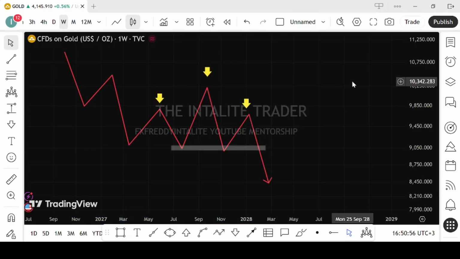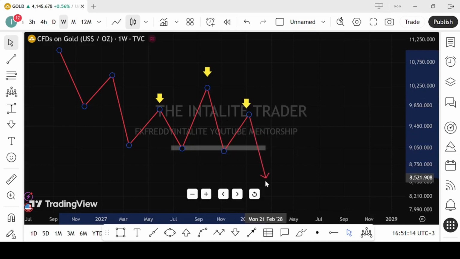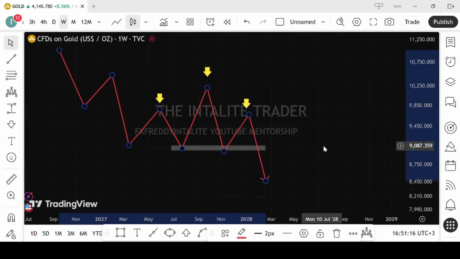I repeat, if you see price is in a downtrend, and you see a left shoulder, head and right shoulder pattern form, and price comes and breaks below it, that means the market rested before continuing.